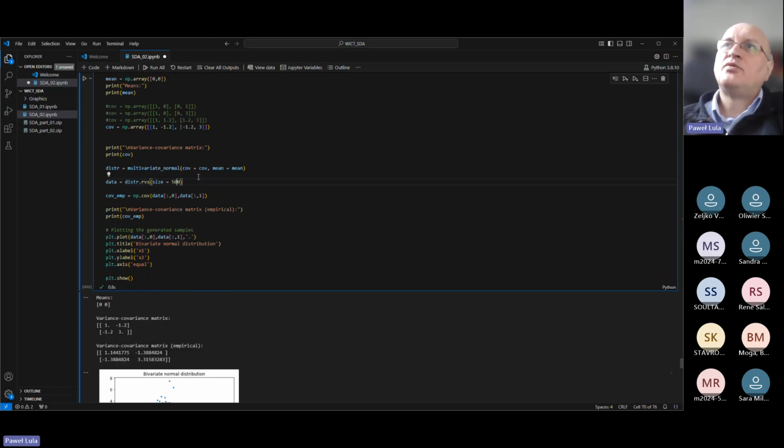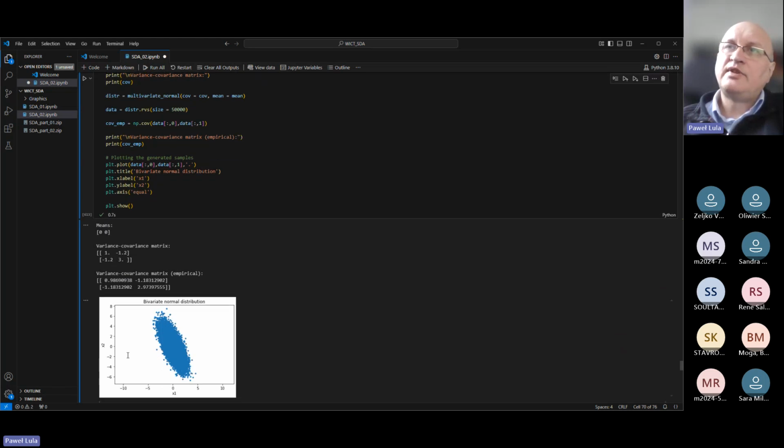And also, when we increase the number of values, then the difference between this theoretical and this empirical matrix will be smaller, similarity will be higher.